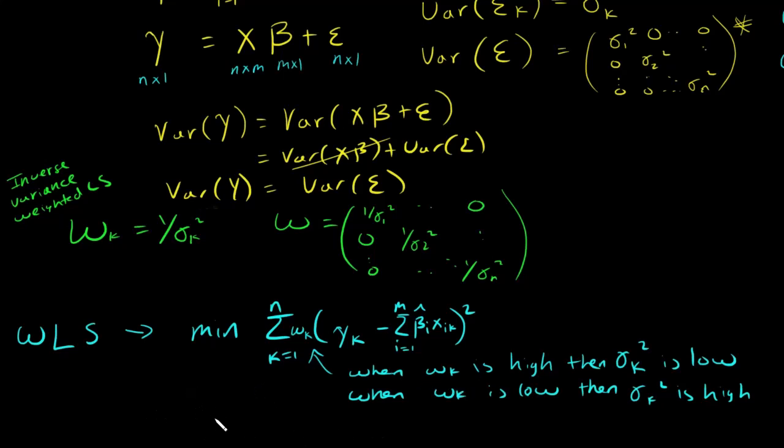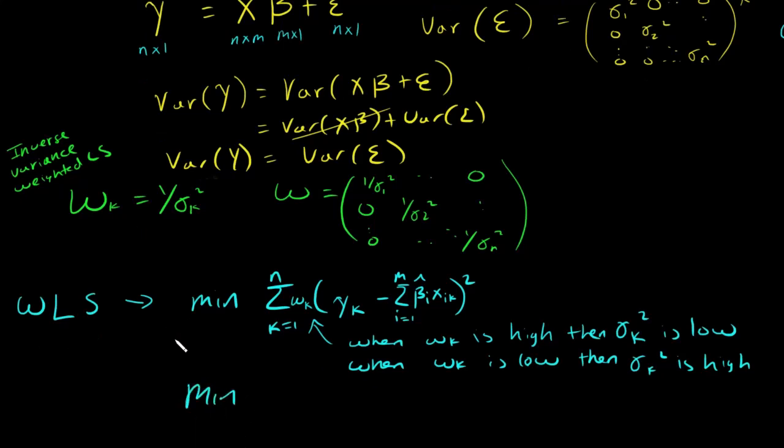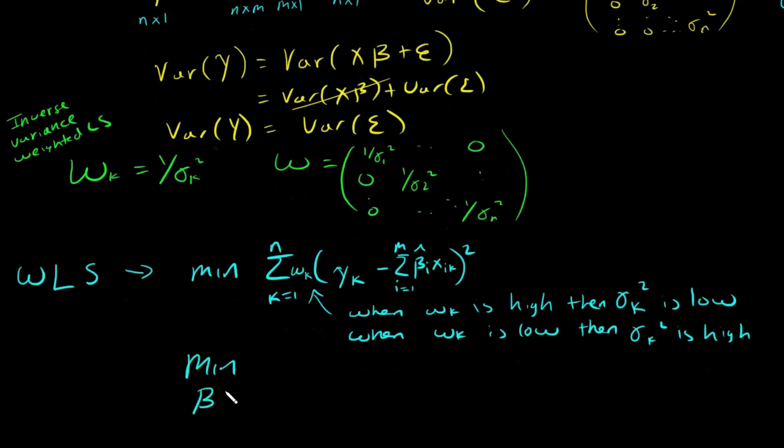Now we can write this in matrix notation, which I want to do. So basically, I want to minimize this function here, where I have (y minus x beta) transpose times w times (y minus x beta).